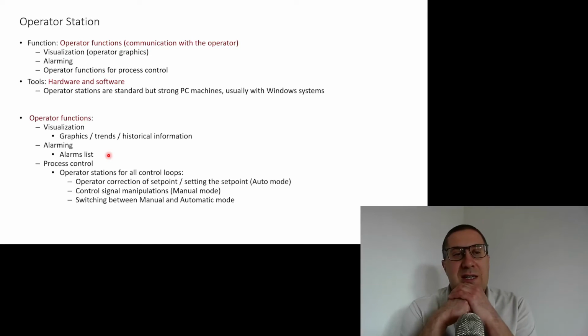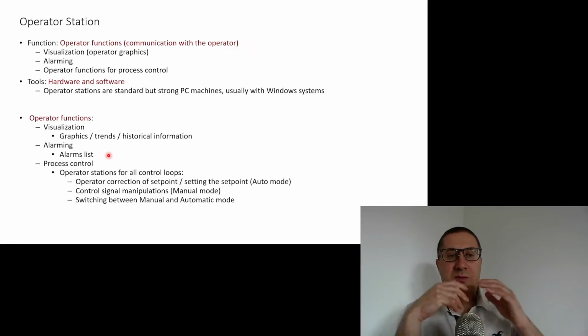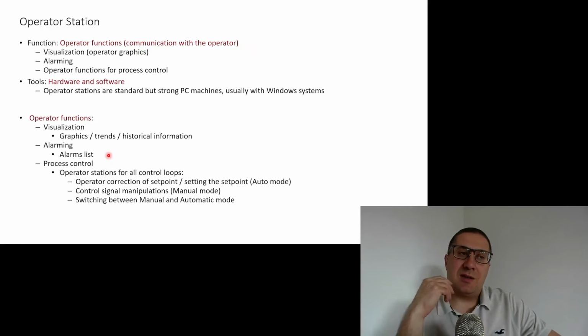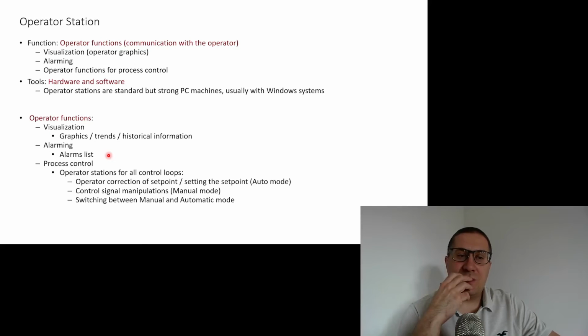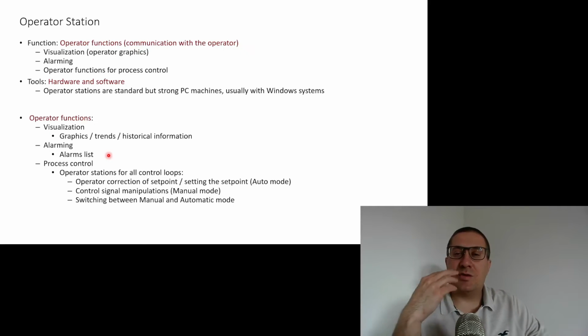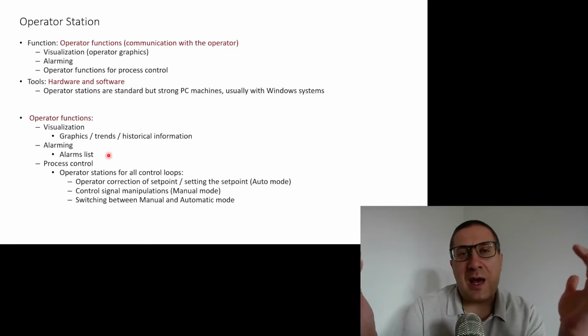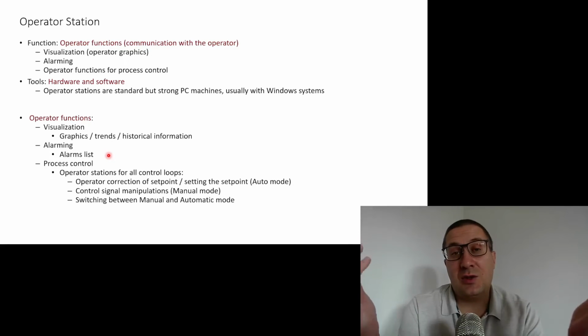Okay, now let's discuss the operator station. Like I told you before, those are computers that help to visualize the system, the industrial process. Usually, the operator has at least two screens.